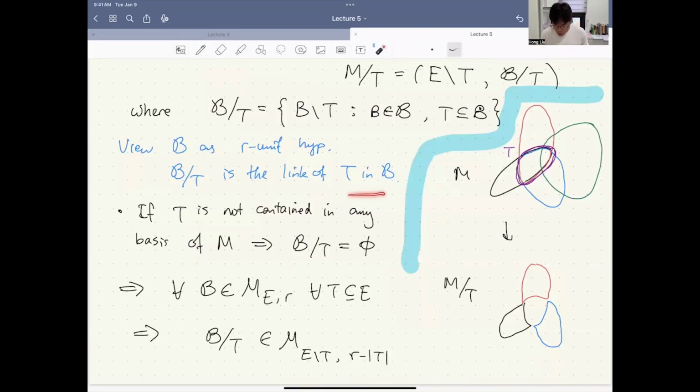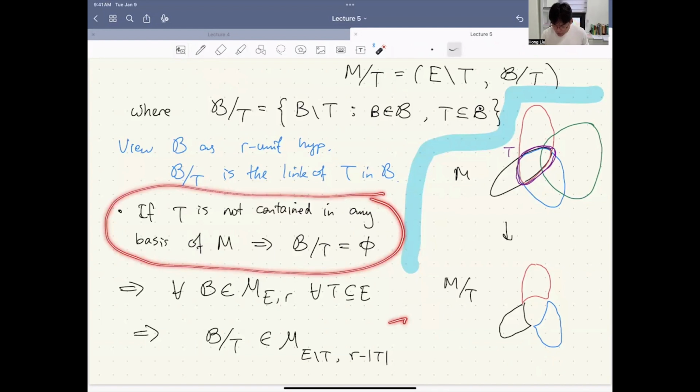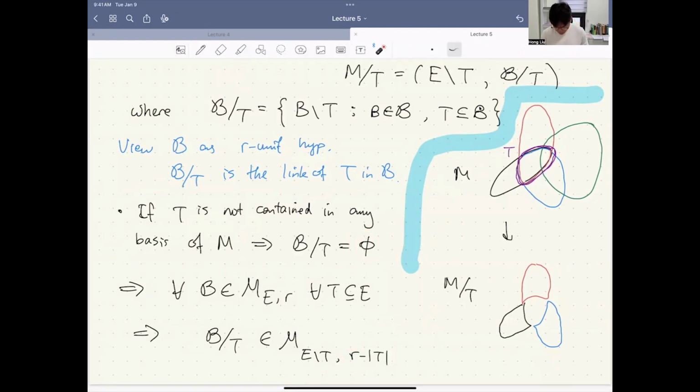The only reason to mention this is because this set not only contains all rank R minus |T| matroids, it also contains the empty set. It's possible that T is not in any of these spaces, then we have to include the empty set as one of the elements in here.